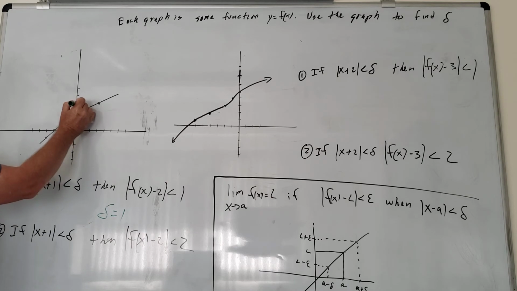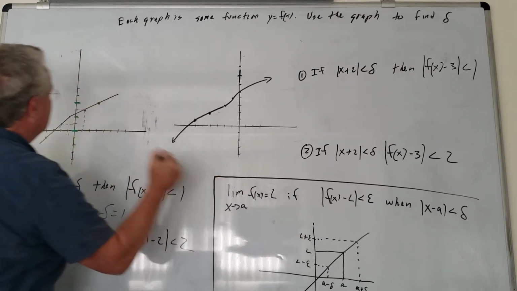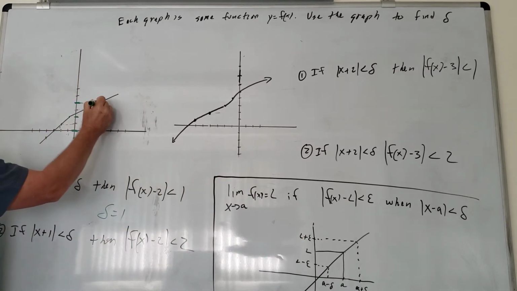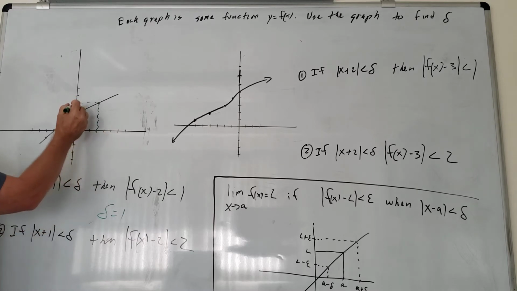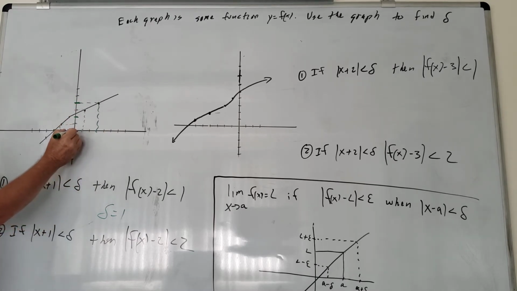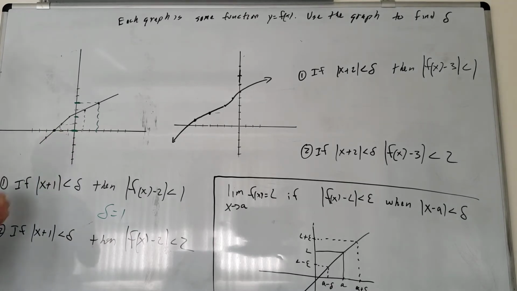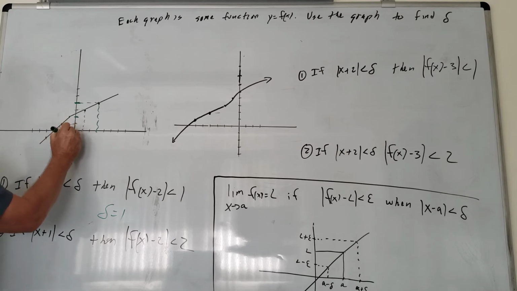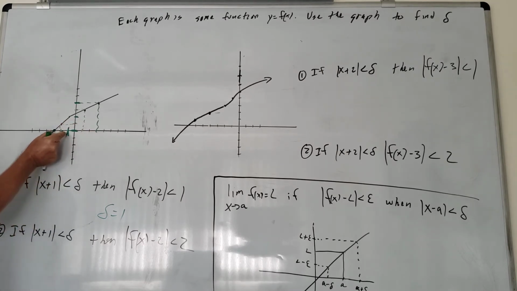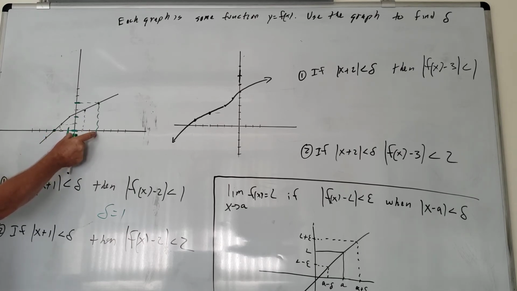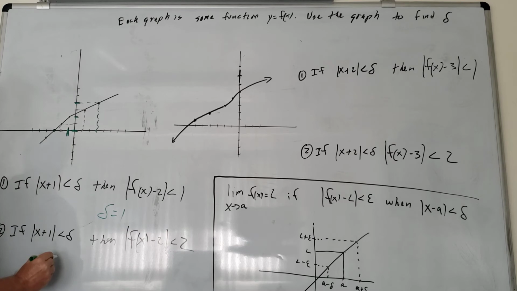At the upper epsilon value up there, go to your graph and down, and do the same with the bottom value. Well, we're already at the x-axis, so that's it. So now this is my -1. Look at the distance to the right and the distance to the left. Clearly this distance is smaller than this. This is 4, this is 2. 2 is smaller, so the value of delta is 2.